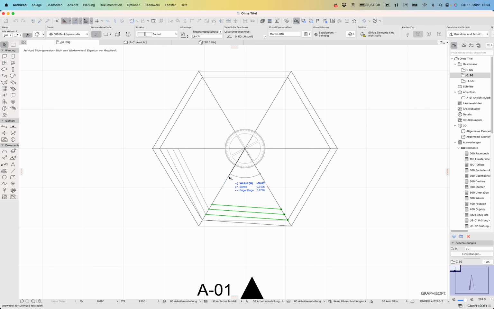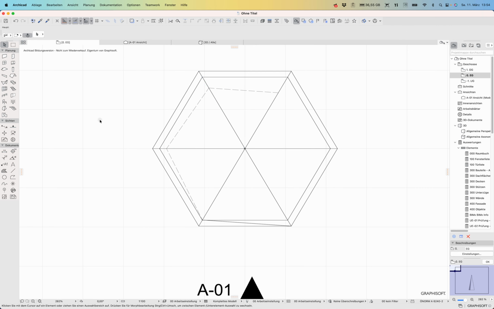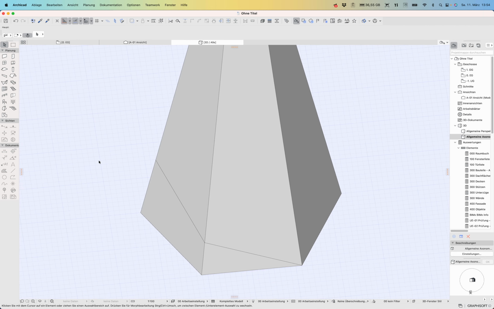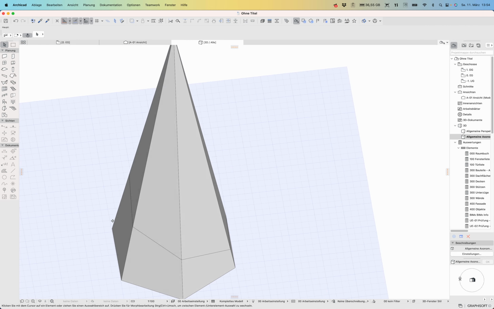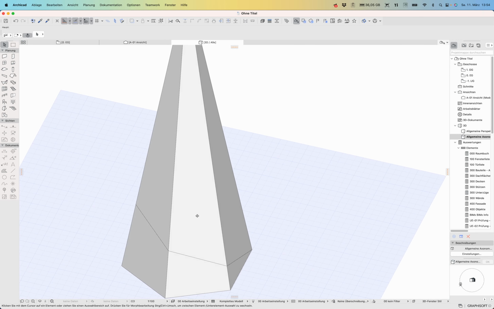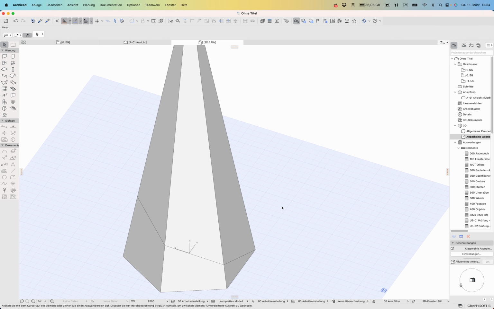From here to here. These two turn around from here to here. This one turn around from here to here. I get something like this riser line, which I can follow with a stair.